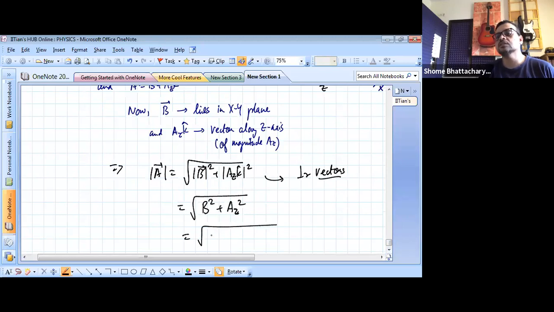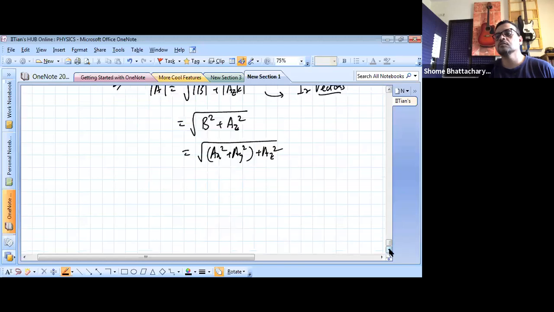Now B square is how much? It is Ax square plus Ay square. So the magnitude of the vector E is becoming root of Ax square plus Ay square plus Az square.